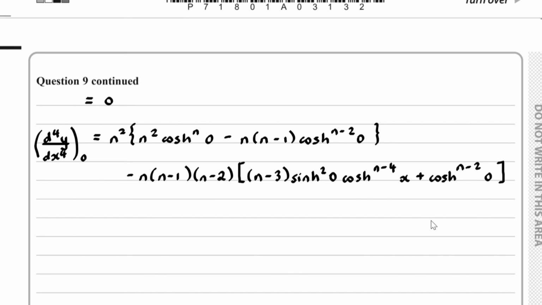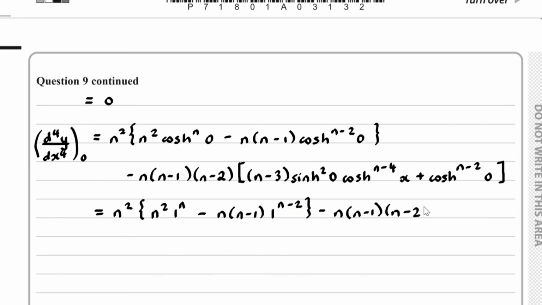If I work out what this is, I've got n squared multiplied by n squared times 1 to the n minus n times (n minus 1) times 1 to the n minus 2, subtract n times (n minus 1) times (n minus 2), and then here I have sine of 0, which is 0, and cos of 0, which is 1, so I've got 1 to the n minus 2.